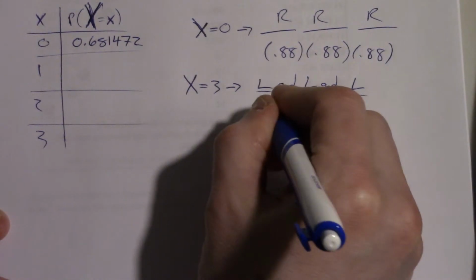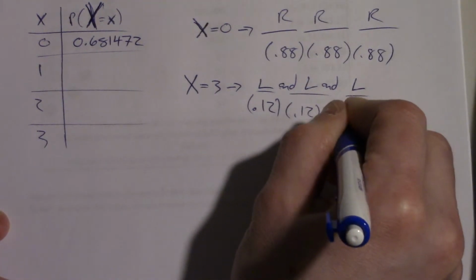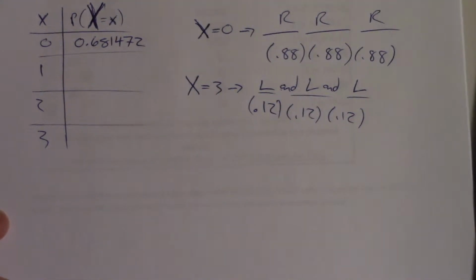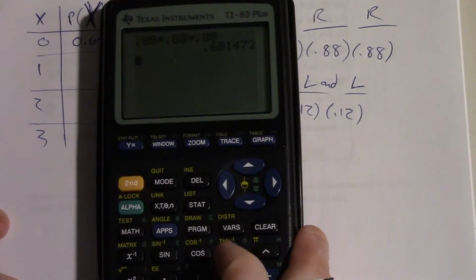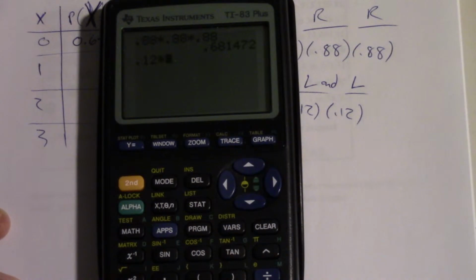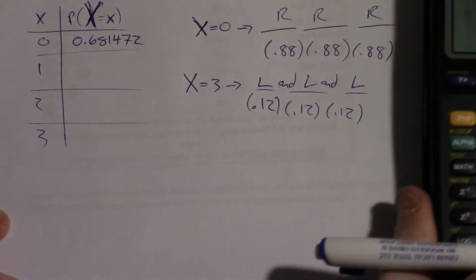So similar to when X is 0, we just multiply that probability together 3 times. 0.12 times 0.12 times 0.12. So we get 0.001728.